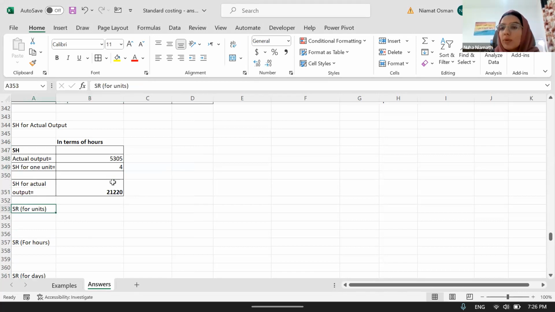Now, what is the next component for absorbed cost? We have our SH. We'll multiply SH with what to give us absorbed cost? SH into SR. Perfect. So will we calculate SR in terms of hours or in terms of units?